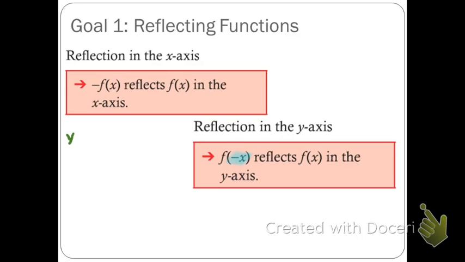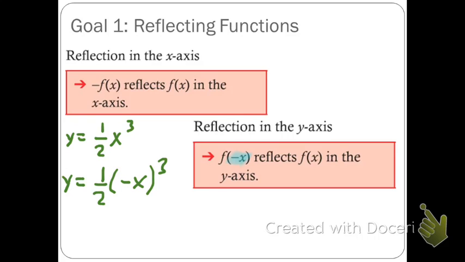Let's say I had a function like y is equal to, let's say, 1/2 x cubed. Now if I want to reflect that in the x-axis, sorry, the y-axis, I can make that y equals 1/2 times the opposite of x cubed.